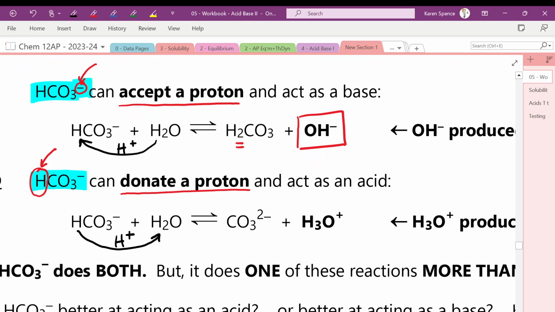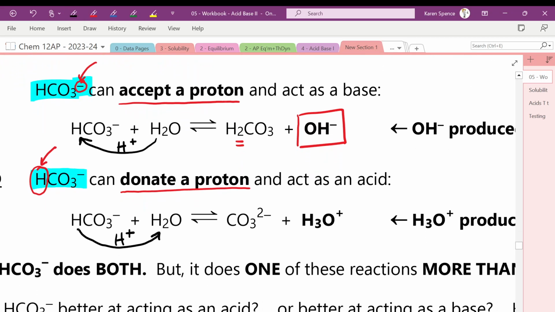Okay? And now what have we made? We have made hydronium. And if that was the only thing it did, this would be an acidic solution.